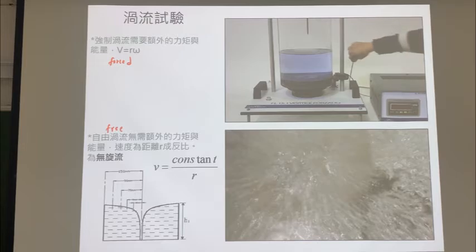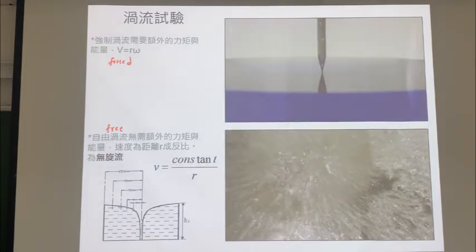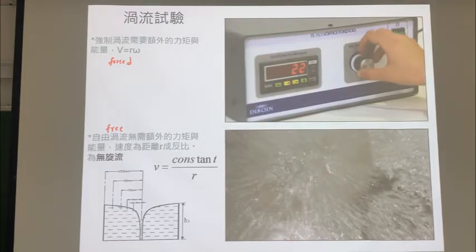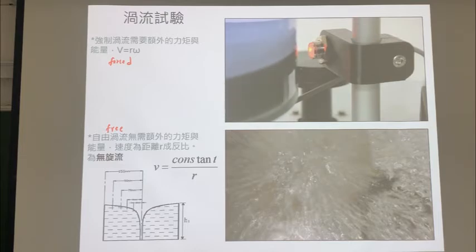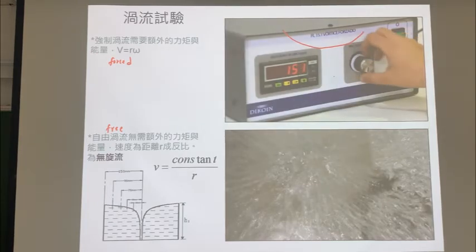The example now shows the forced flow test, and you just check the bubble level in your instrument, and then we have the pin, and then we adjust different angular speeds. So with a different angular speed, we see the water level line changes.